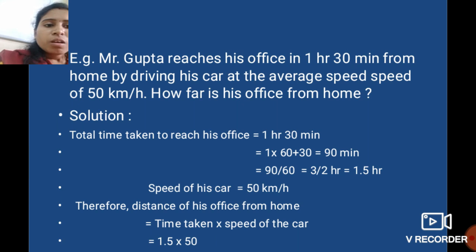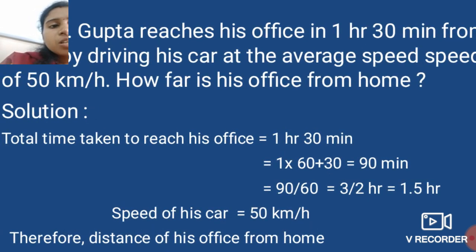How? 1 hour means 60 minutes, and here we have 30 minutes. So we multiply 1 into 60 plus 30, and we get 90 minutes. But we know that 1 hour is equal to 60 minutes.